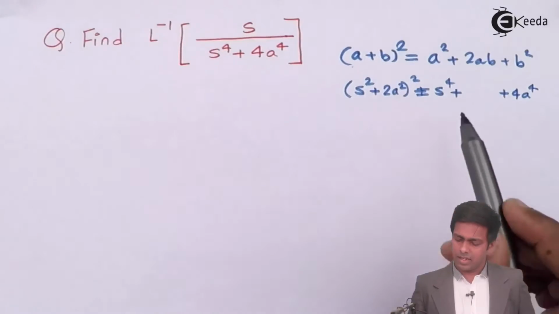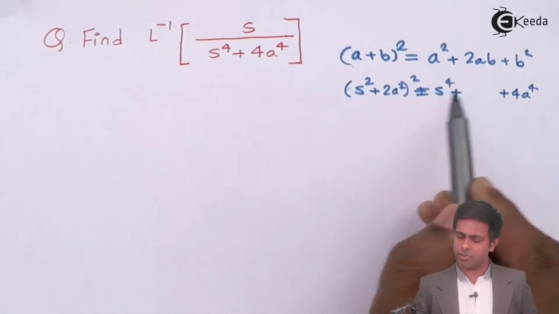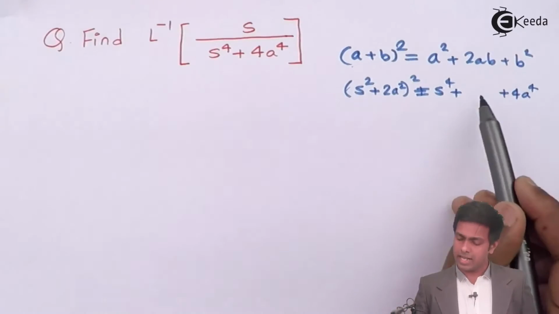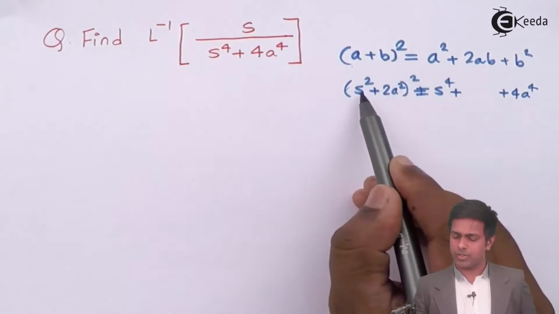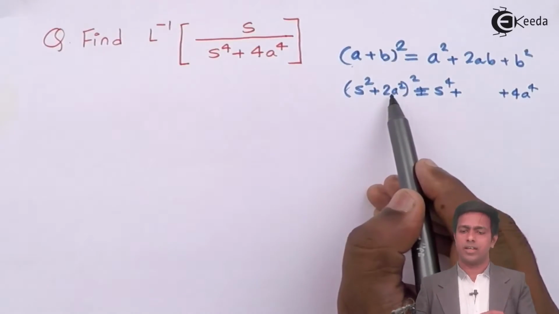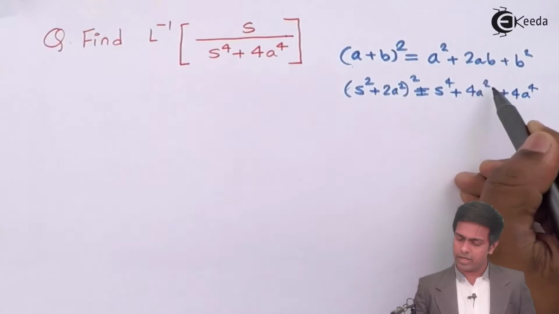If I expand this, that will become s to the power 4, the last term is 4a to the power 4, and the middle term is 2 times the first term into the second term. The first term is s square, the second term is 2a square, so 2 times will become 4 times a square s square.